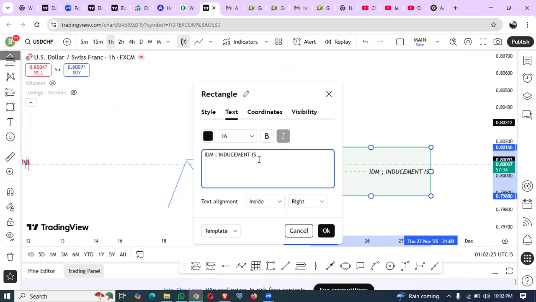Inducement is like a false push in the wrong direction.